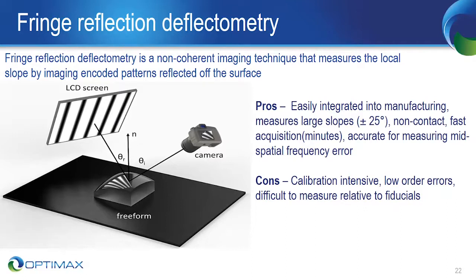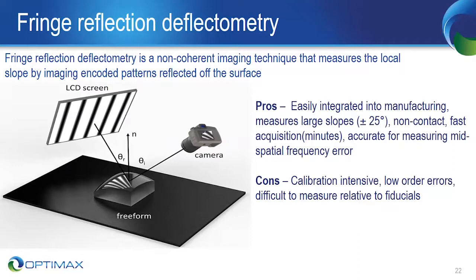This could be an asphere, an off-axis asphere, a freeform, and then you capture the image with a camera or some type of sensor, and so you're essentially measuring the local slope. One of the best things about it is that it is very fast and easy to acquire. It can take minutes to capture that information, and it is really quite accurate for measuring mid-spatial frequency errors.